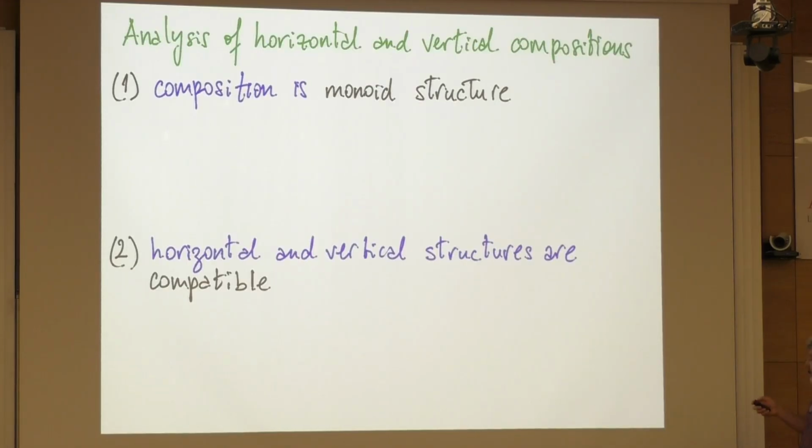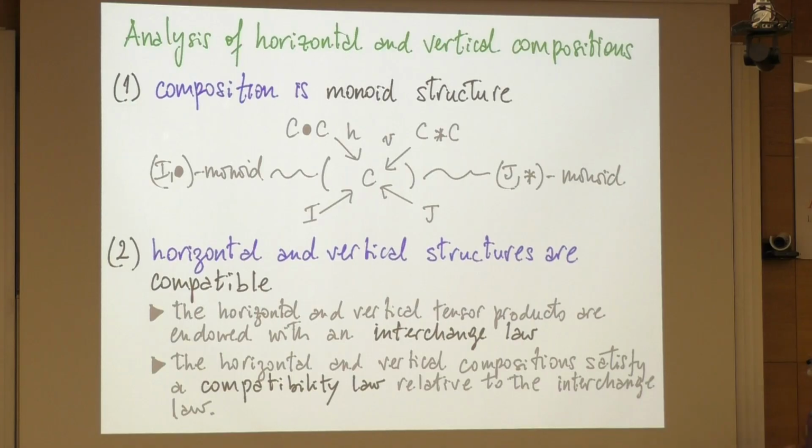Okay, so now we need to analyze horizontal and vertical compositions. To do that, the first step I'm going to do is to regard composition as generalized monoidal structure, monoid structure. Different notions of composition are going to be monoid structures for different notions of tensor products. Okay. And what I need to do is to state in which sense these notions are compatible. So here is what's happening in this case.